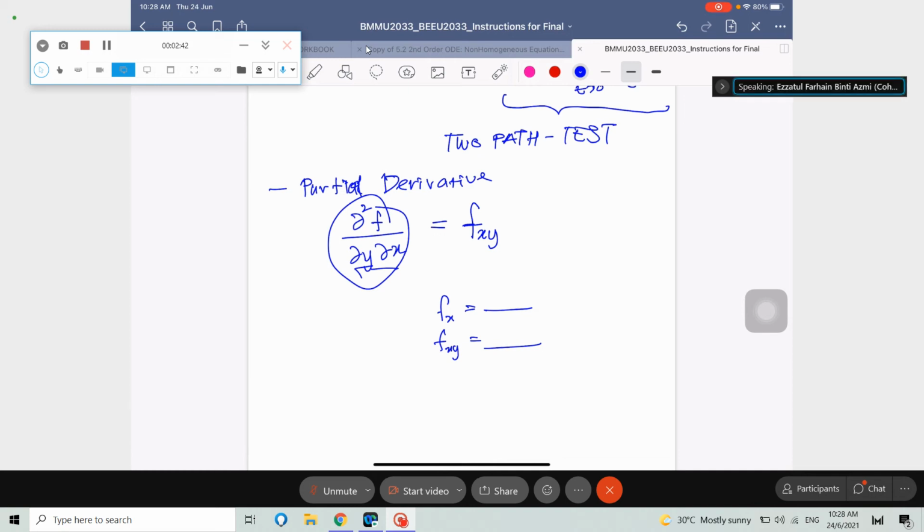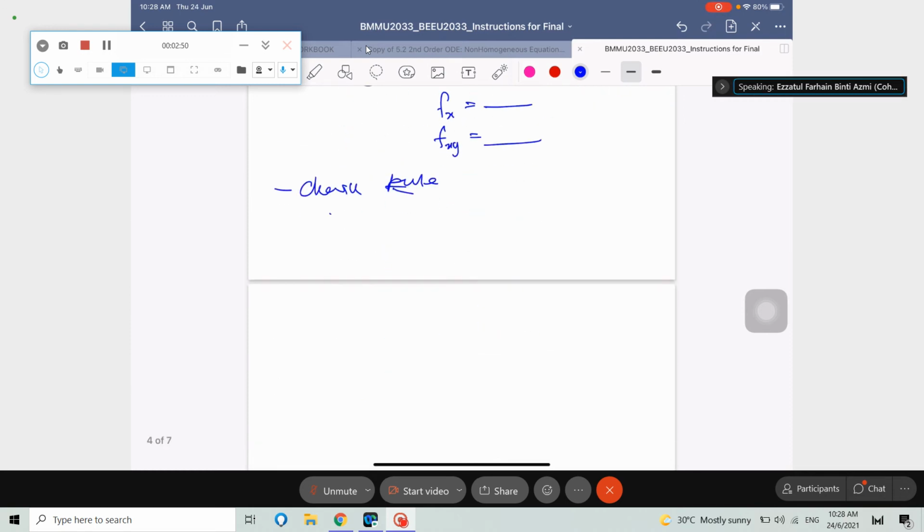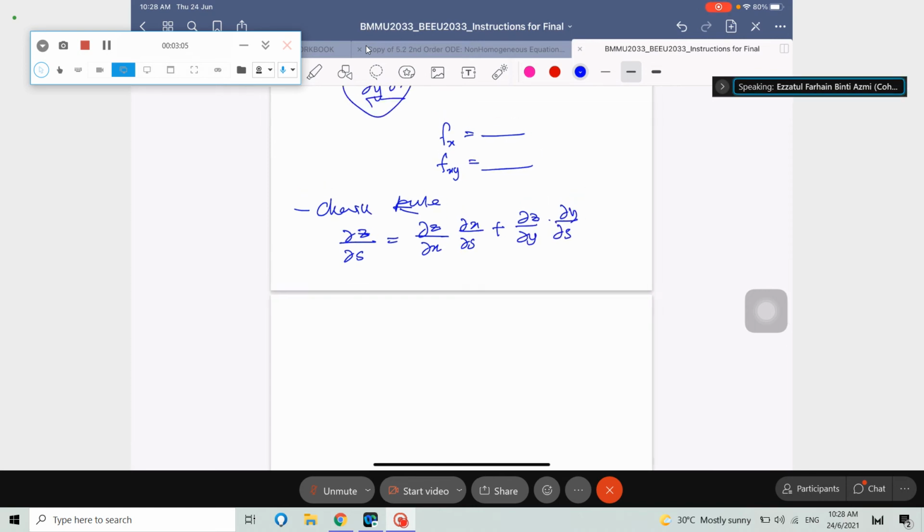And last one, you have chain rule. Chain rule, make sure you write down your chain correctly. Del z over del s equals del z over del x times del x over del s plus del z over del y times del y over del s, according to your branch. I already taught you this one. Make sure that if you write d instead of del, it is wrong. That is for a correct statement.